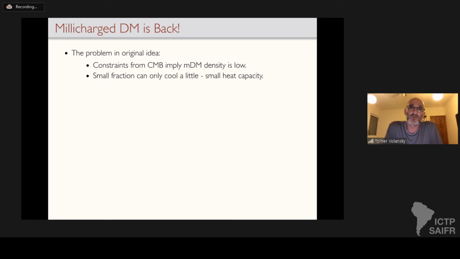And what you need to do is to hide it in the noise, in the uncertainties for the energy density of baryons in the CMB. So for that, you need the density to be roughly below 0.4%. And if the density is so low, then again, there's too little dark matter to cool down the baryons sufficiently. Again, you have a small heat capacity because you don't have enough dark matter.